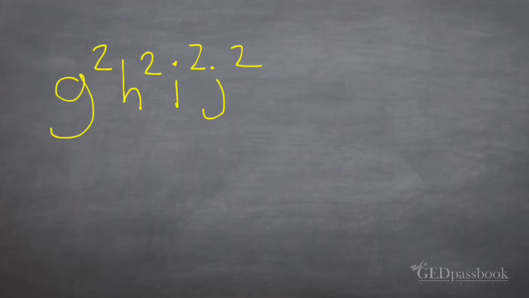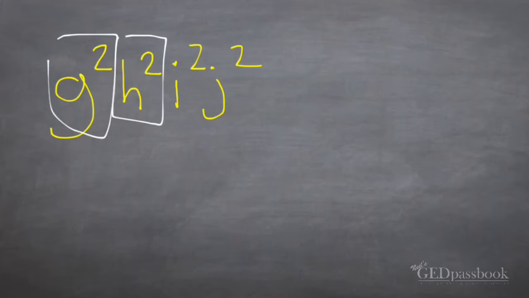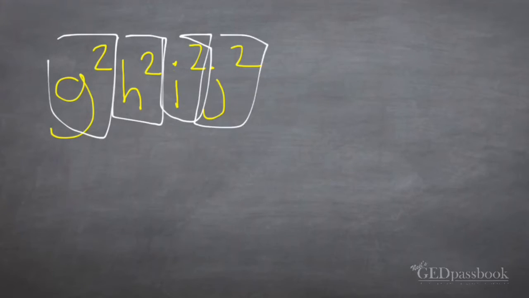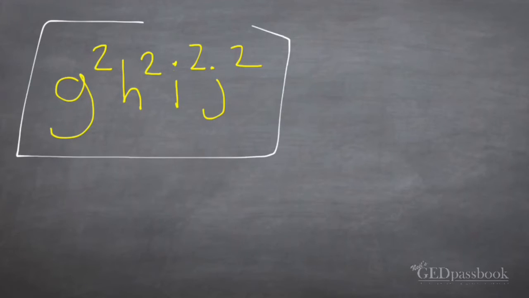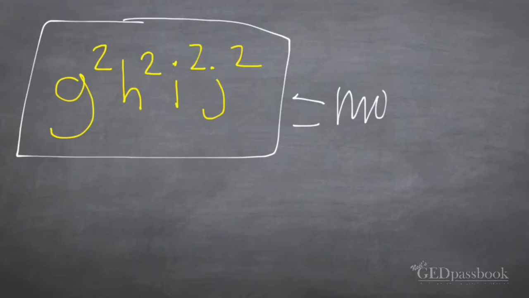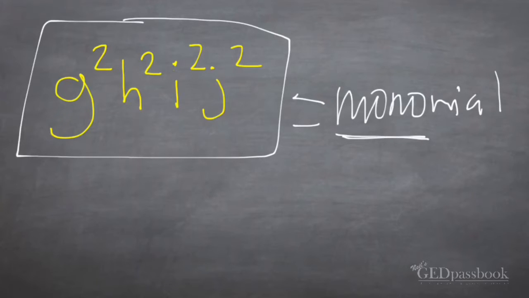Is there any symbol separating this from that, or those two from these two over here? Like, is there any operation? No. This is all one entity. This is all one term. This equals a monomial. Mono stands for 1.